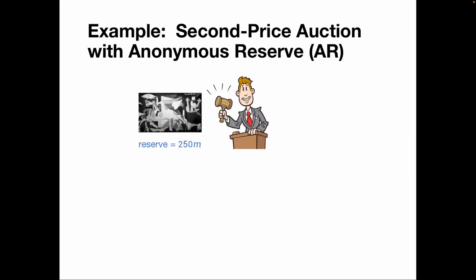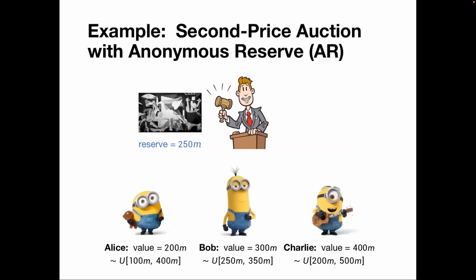To get a better sense, let's take a look at a concrete example of second price auction with anonymous reserve mechanism. Suppose we want to sell artwork by Picasso, and suppose the seller sets a reserve price of $250 million on this artwork. And suppose there are three potential buyers.